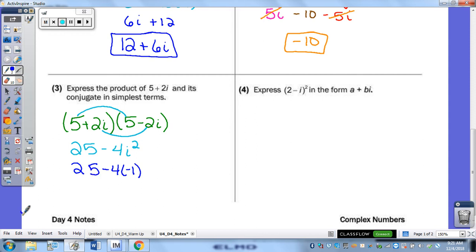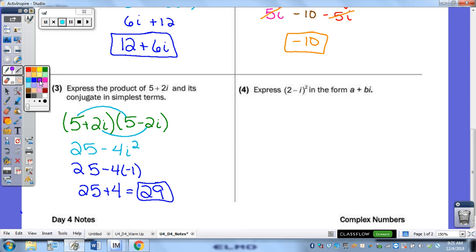We still got that 25 there. Negative 4 times negative 1 becomes a positive 4. So 25 plus 4 gives us a 29. So our final answer is 29. Whenever you multiply those two conjugates, it's always just going to be a number. It's not even going to have an i in it anymore.